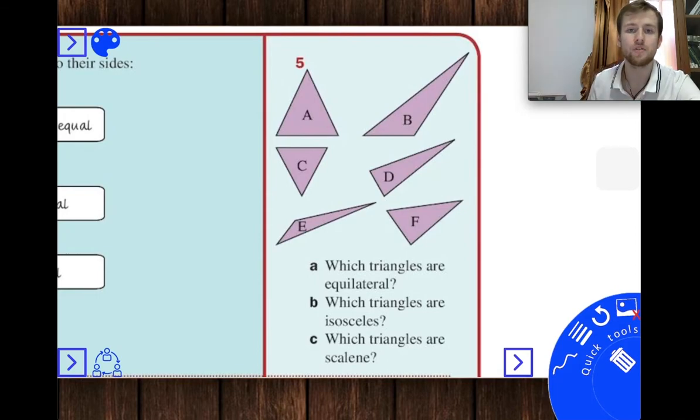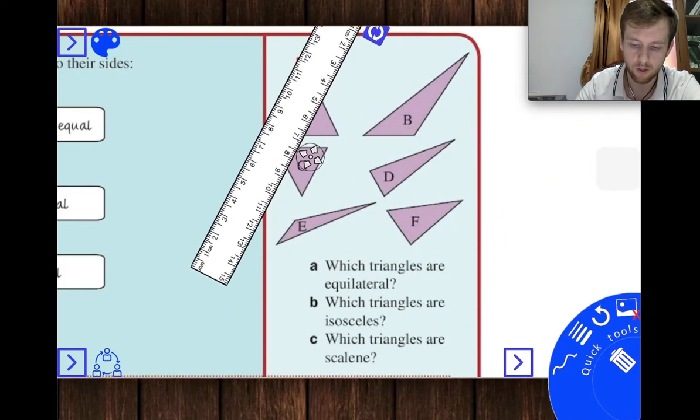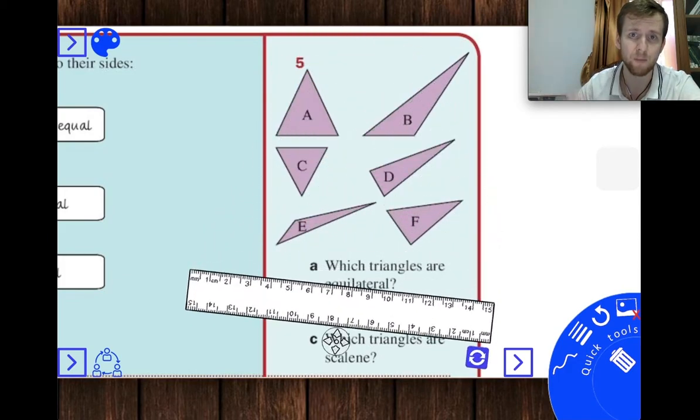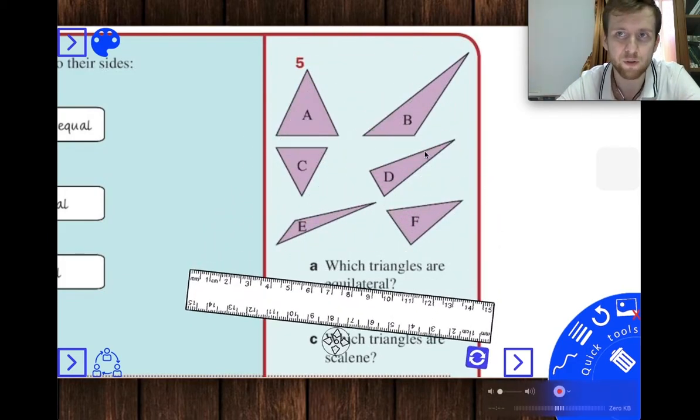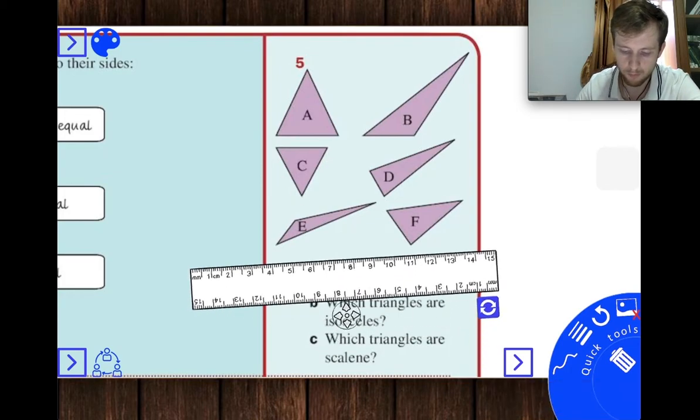So which triangles are equilateral? You have to take your ruler actually, and we have to think about this. First, equilateral: there is only one of them which looks like all sides could be equal. It's C, right? It kind of looks like the equilateral one. So we can try and check its measurements.